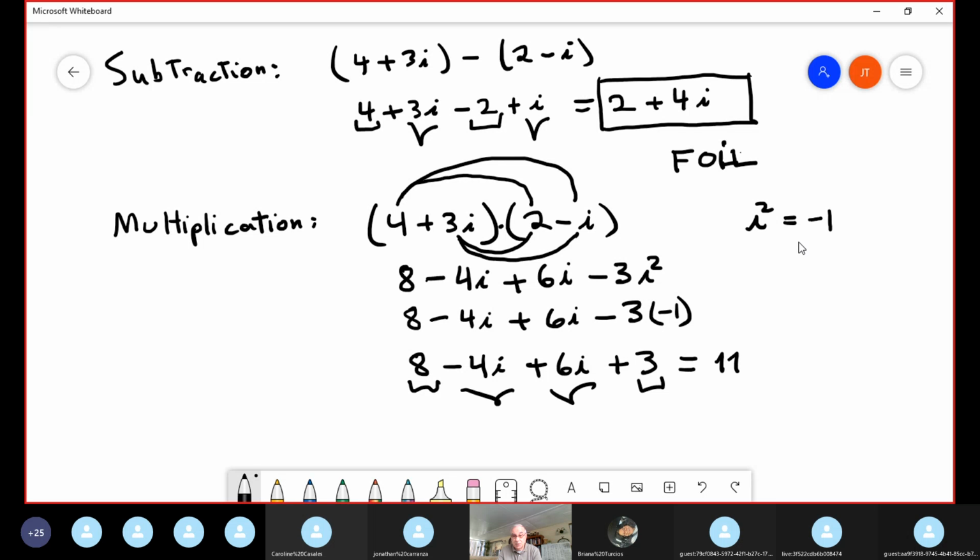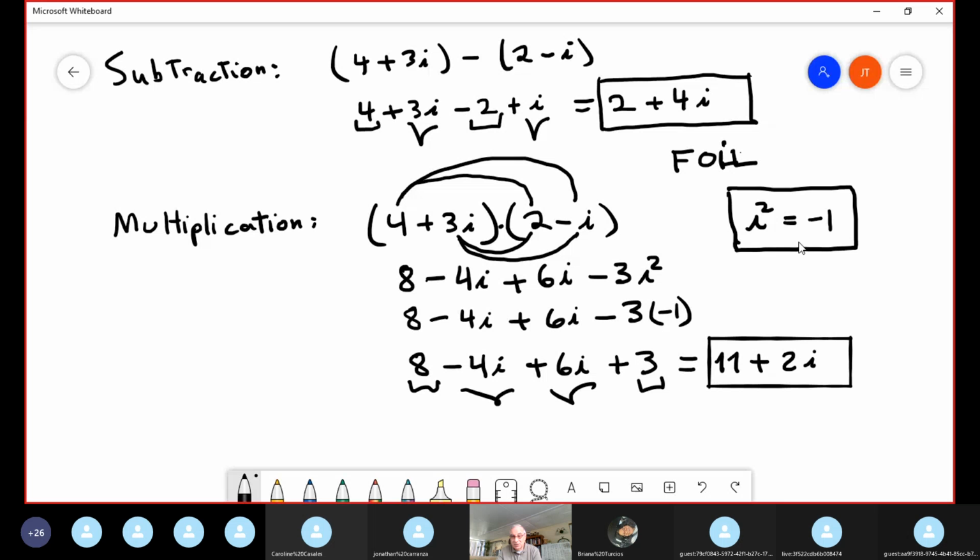Imaginary part, minus 4i plus 6i is 2i. End of the story. This is final. Now the only complication in the multiplication is that you have to remember that i squared is -1, and you replace it. So don't leave it like that. This is confusing, because i squared is not imaginary, it's real.